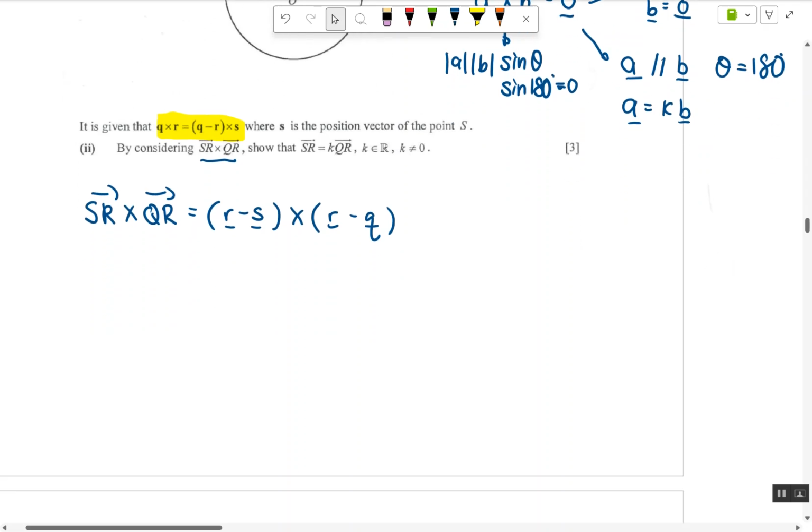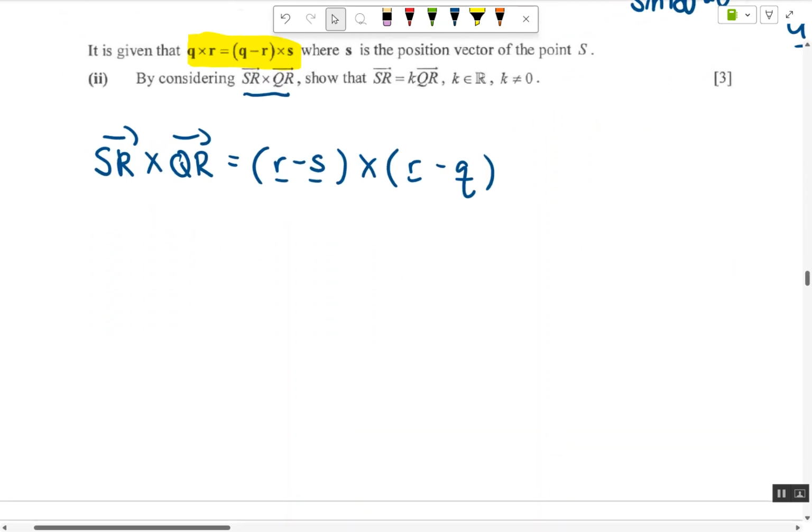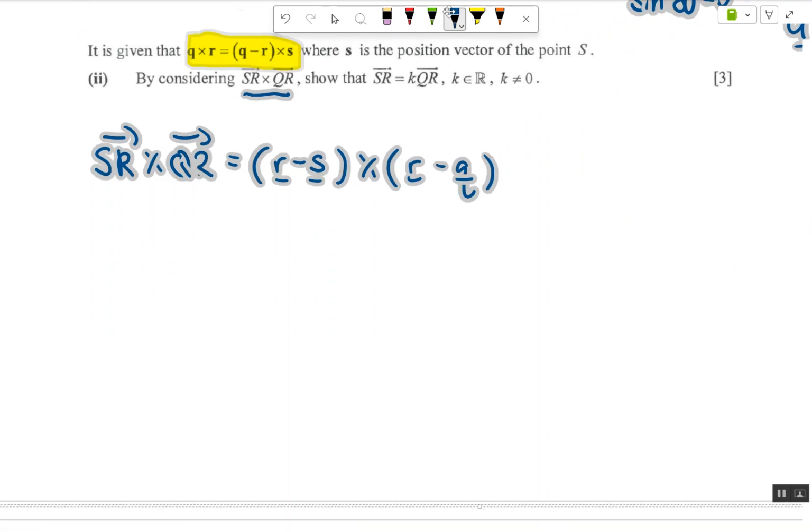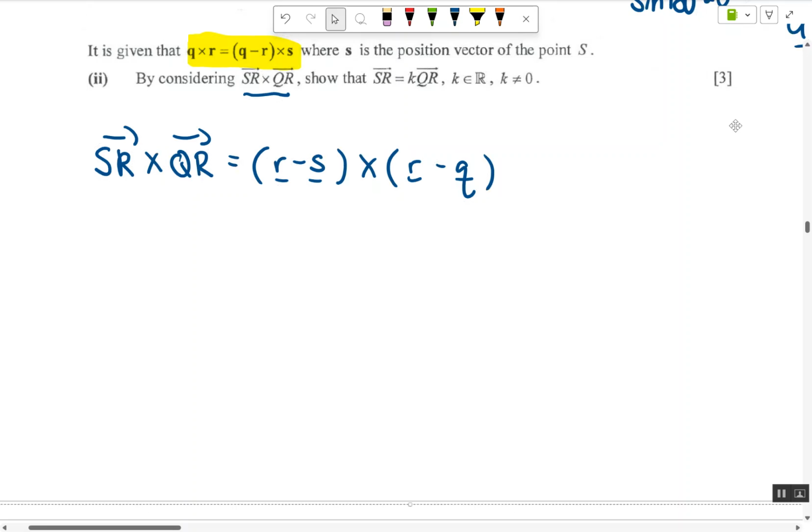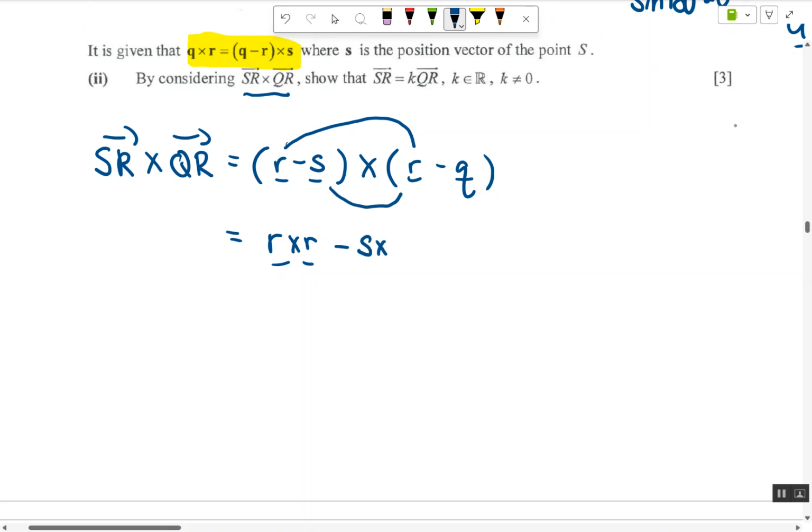And I think the only person that tried to expand this correctly is Matt. Ryan, did you expand? So first, because it's cross, the order is important. R cross R, minus S cross R. You cannot write it as R cross S.